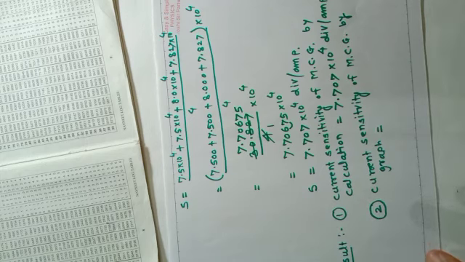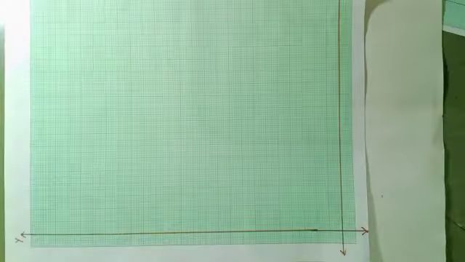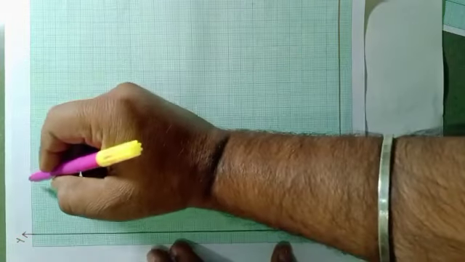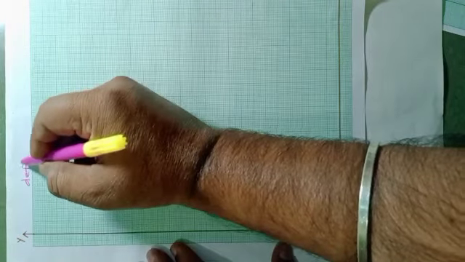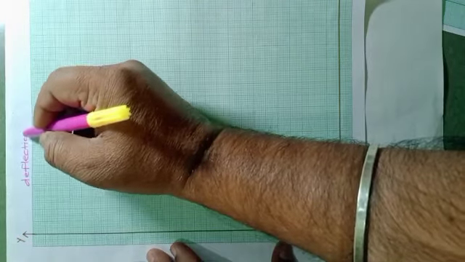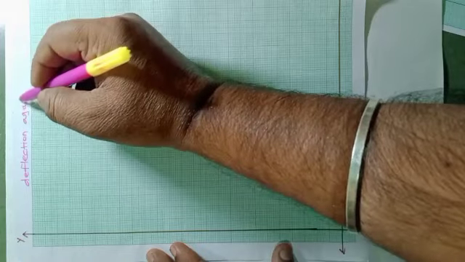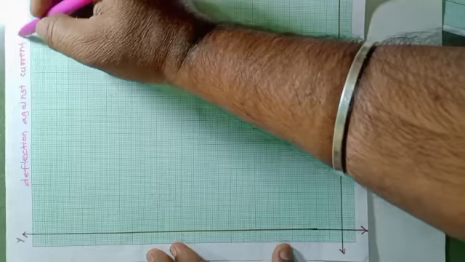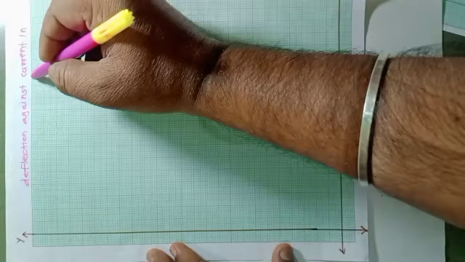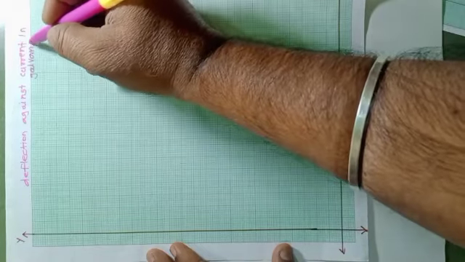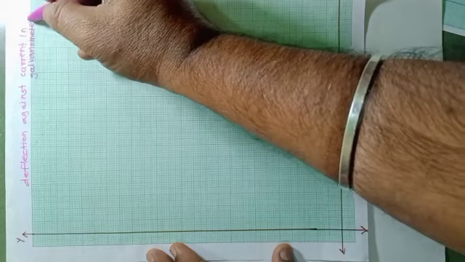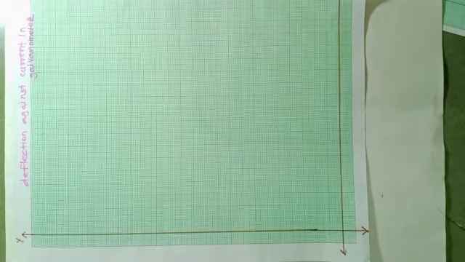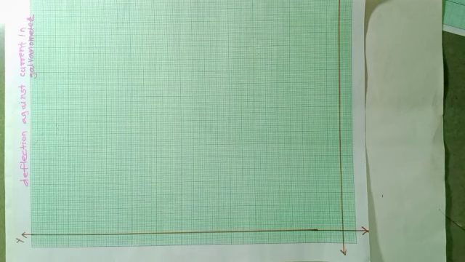So if we plot a graph of deflection against current in galvanometer, see here, draw two perpendicular lines.